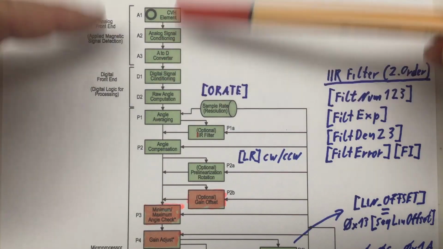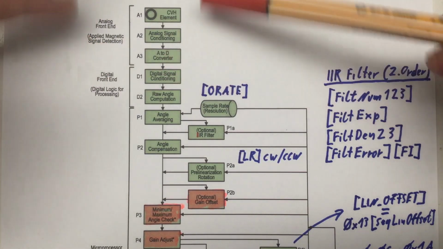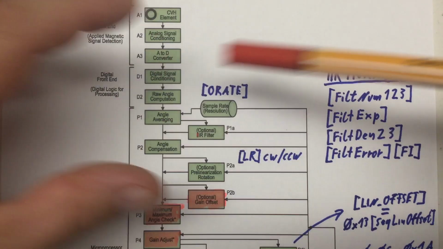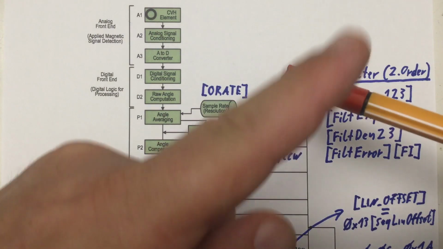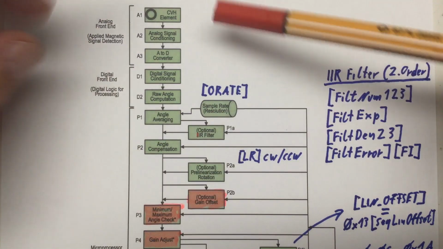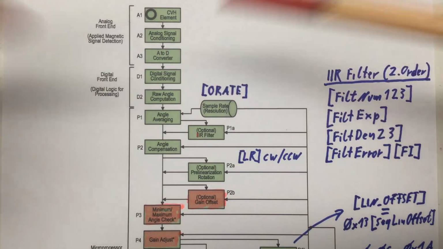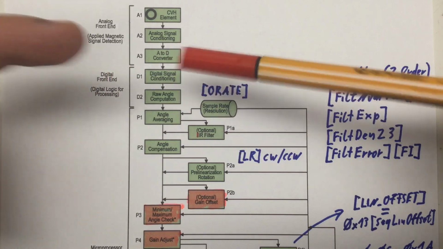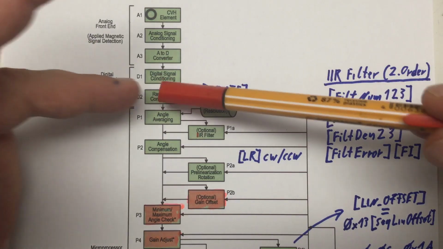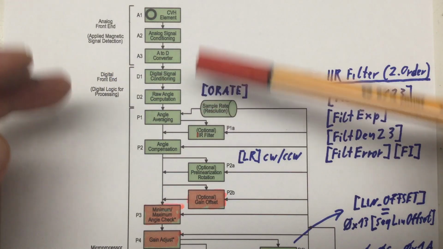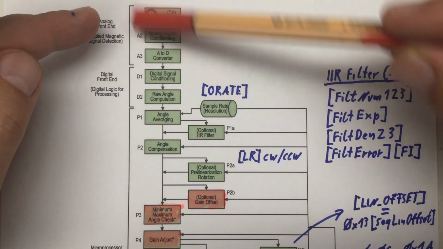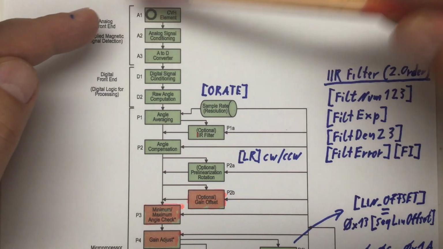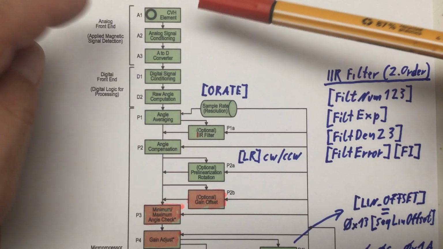So here at the top we have the analog front end. We also saw that in the block diagram I showed you in the basics video, card here, link in the description. That is followed by some hardwired digital signal conditioning, and then the real angle computation from all the measurements taken of these many Hall elements arranged in a circle.